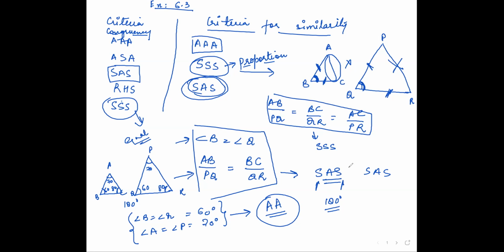Anyway, I'm telling you the name of the theorem. So 6.3 theorem is given: if corresponding angles are equal, then their corresponding sides are in the same ratio, and hence the triangles are similar.